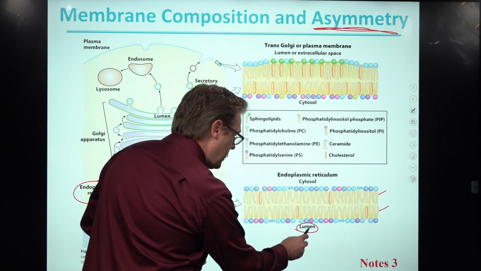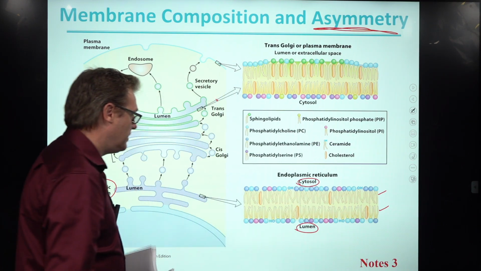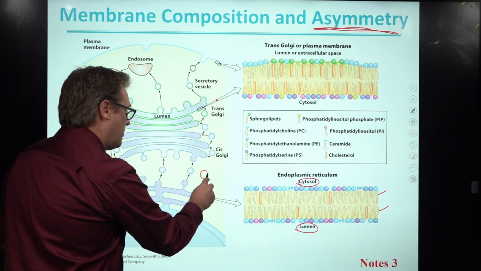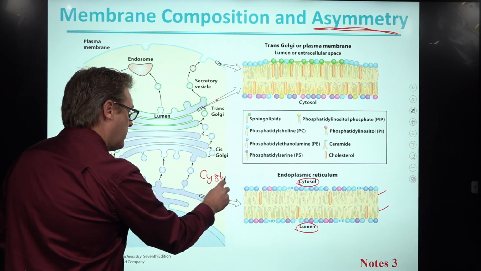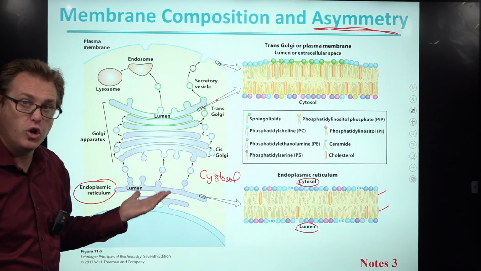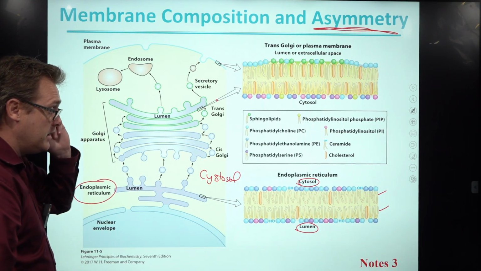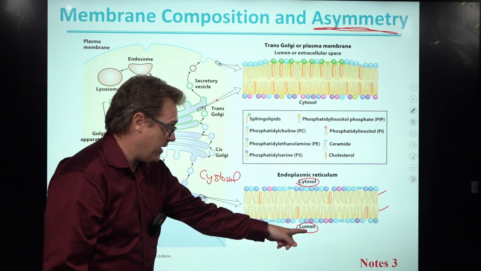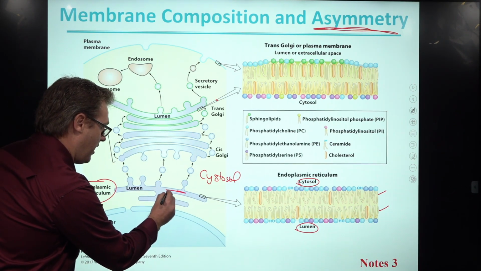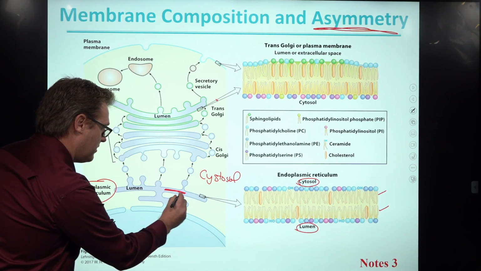Here's the lumen and the cytosol. So when we come over here, where's the cytosol? It's the yellow right here. It's all that yellow fluid, really. Okay? And when we look at this membrane here, where's the lumen? It's on the inside right here.